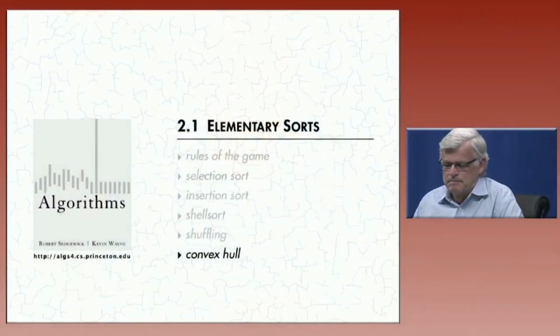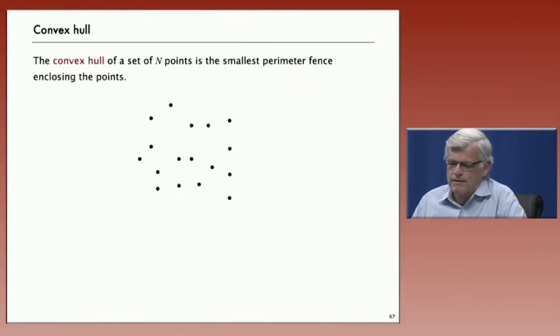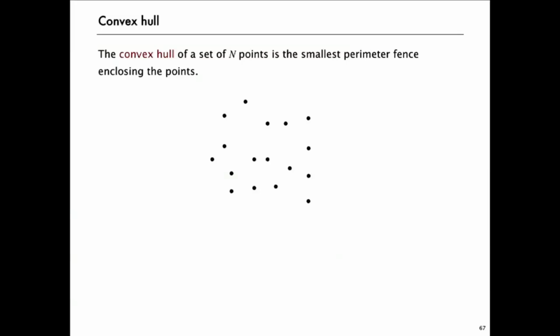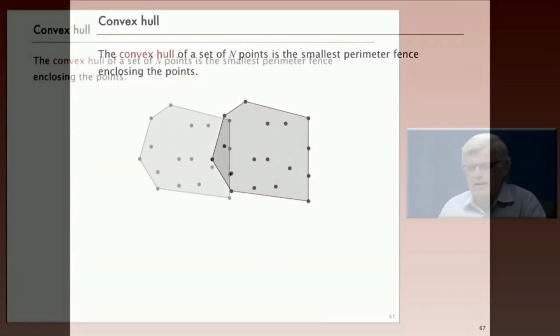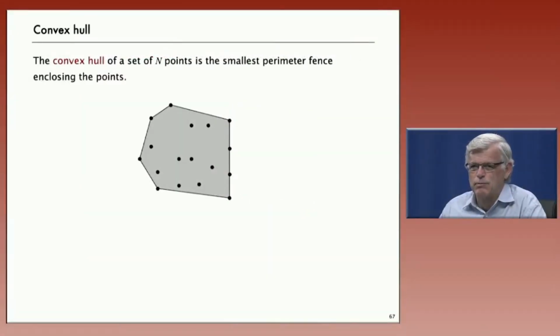Now we'll look at an application of sorting from the field of computational geometry for an interesting computation. If you have a set of points in the plane, there's a geometric object called the convex hull, which is the smallest polygon that encloses all the points. There's the convex hull for that set of points.